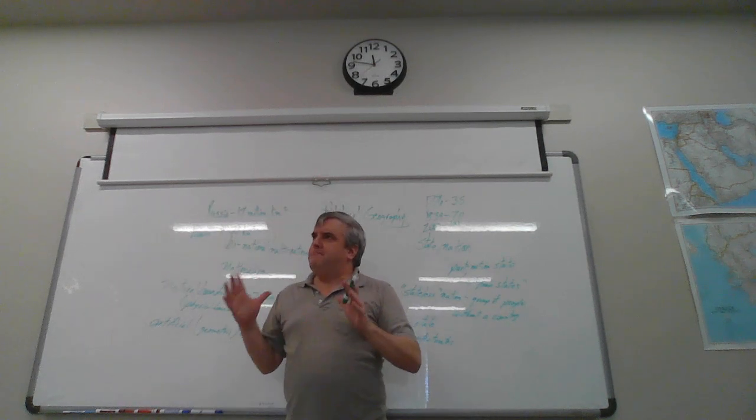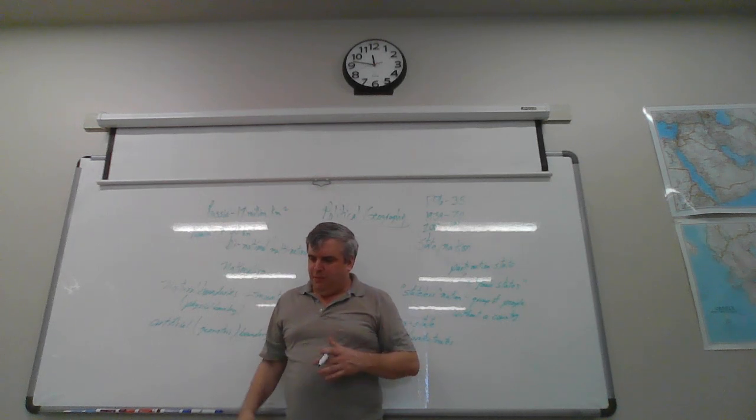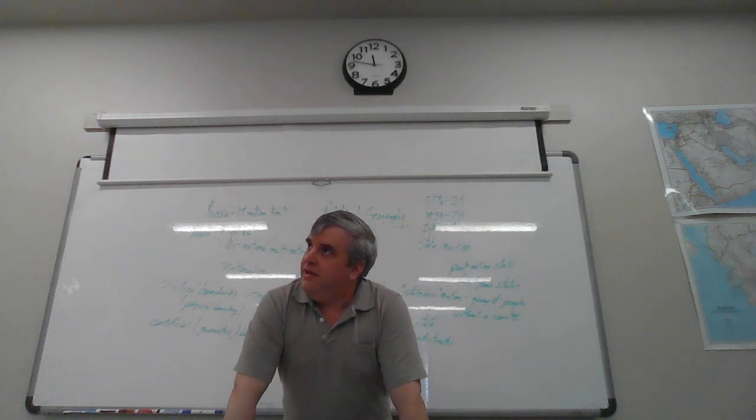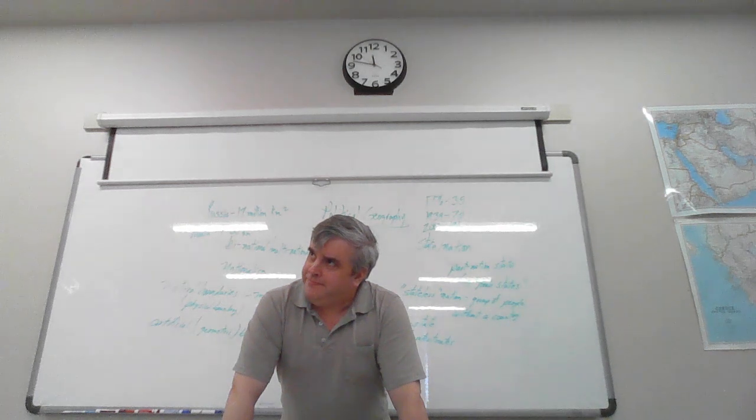We see these straight boundaries, particularly between states, between countries. That is an example of an artificial boundary. Just an imaginary line that exists only on paper.